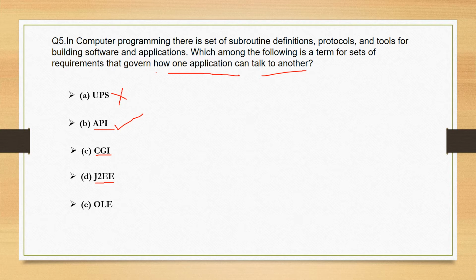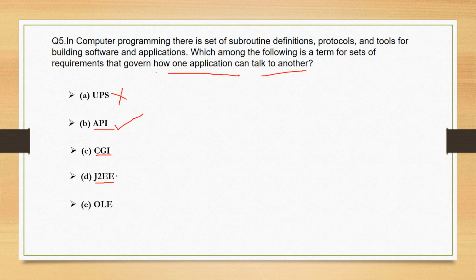Basically this is a platform independent Java centric environment used to program Java programs, and it contains a set of rules, services, APIs, applications, and other things. So this is also not the correct option where an application talks with another application.